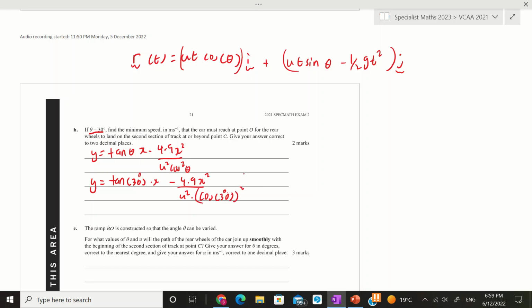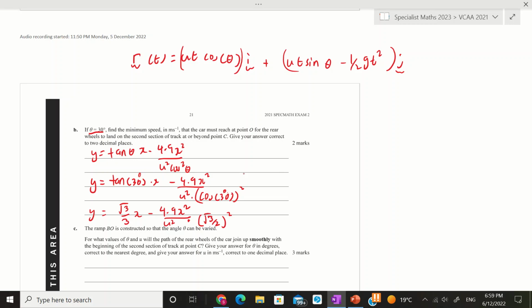That's going to become tan of 30 is root 3 on 3, so root 3 on 3 x minus 4.9 x squared on u squared. Cos 30 squared is going to be multiplied by root 3 on 2 squared.